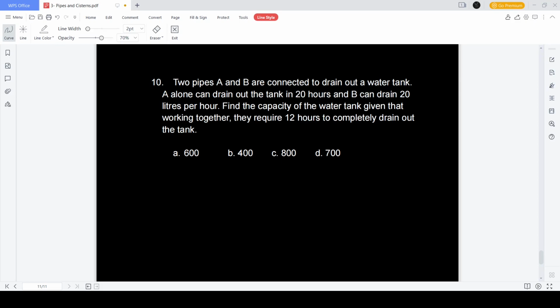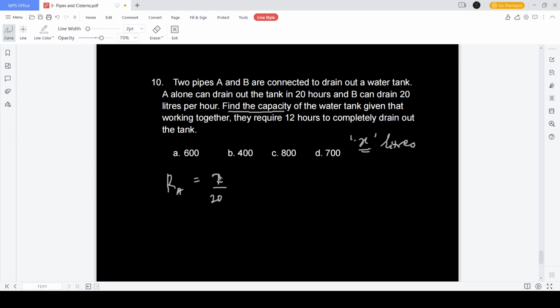Basically, what we do in the beginning is we assume the capacity of the tank is X liters. So the rate of A will be nothing but 1 by 20, because it takes 20 hours to drain out the whole tank, and the whole tank we assumed is X liters.